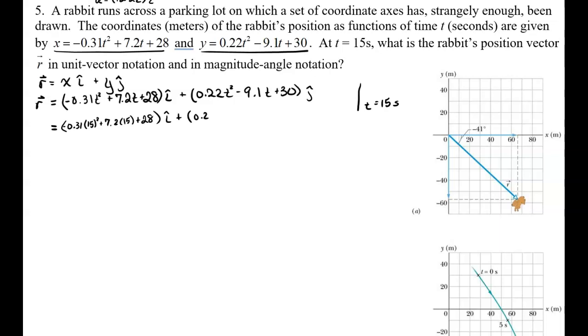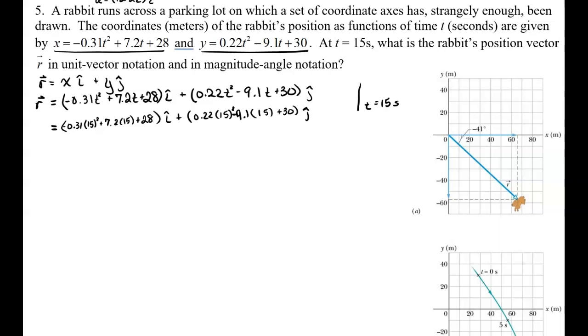I'm going to have 0.22 times 15 squared minus 9.1, that should be a minus, times 15 plus 30, and that's in my j hat direction. So I go to my random number generator and I start throwing information in.